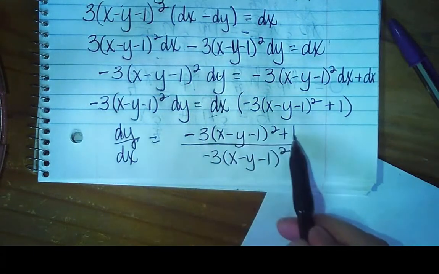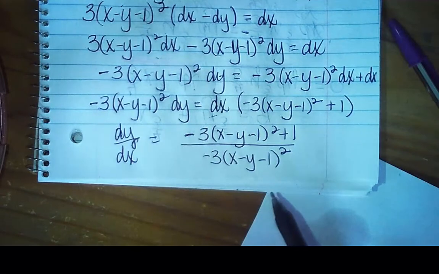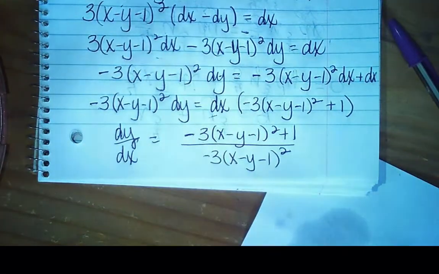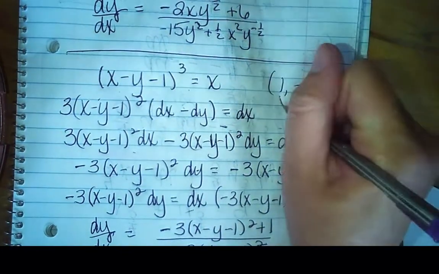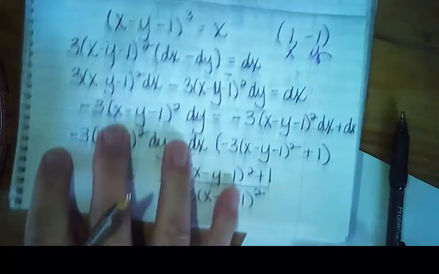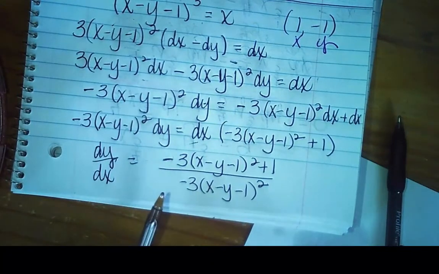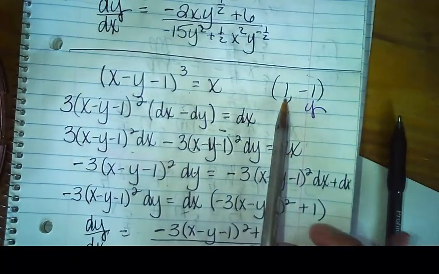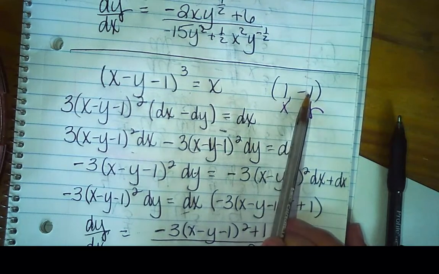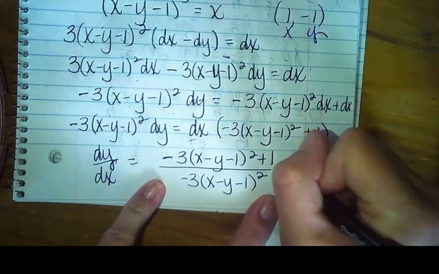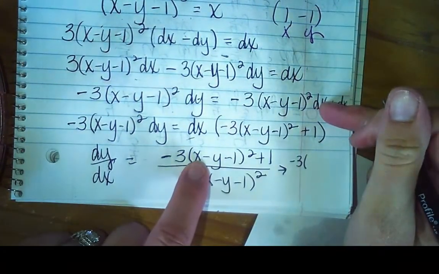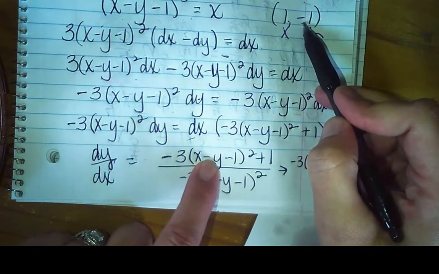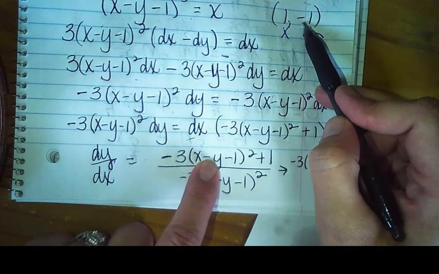This numerator is 1 more than the denominator, whatever that is. But I do know that I was given a coordinate. Here's my x, y coordinate, and this is my new and improved formula for slope. So wherever there's an x, I'm putting a 1. Wherever there's a y, I'm putting a -1. Okay? So I will have a -3 times 1 minus -1 is 2.